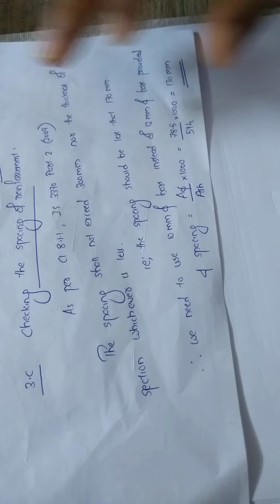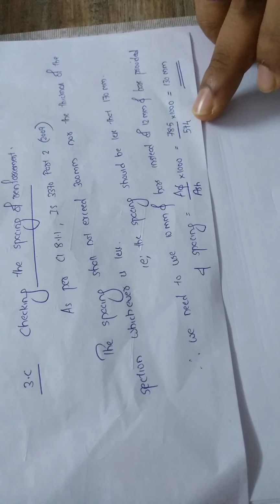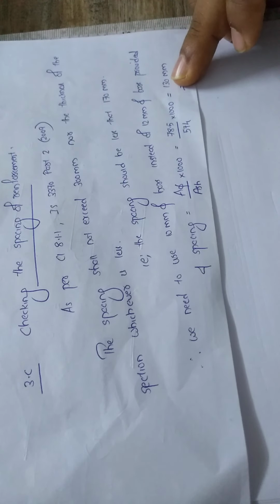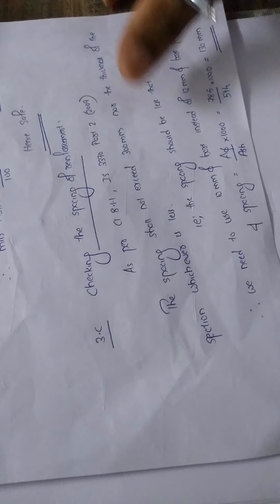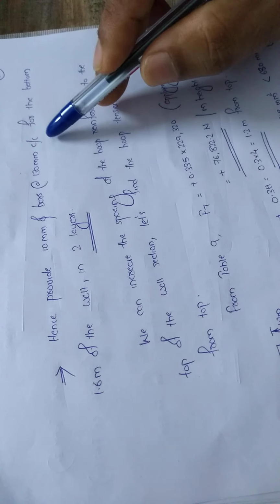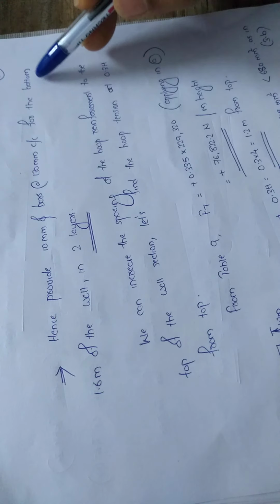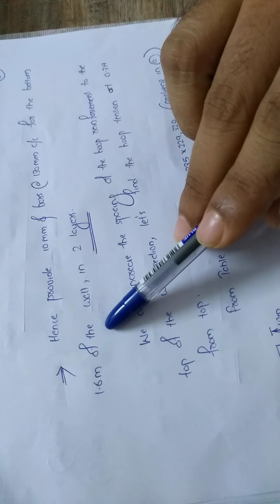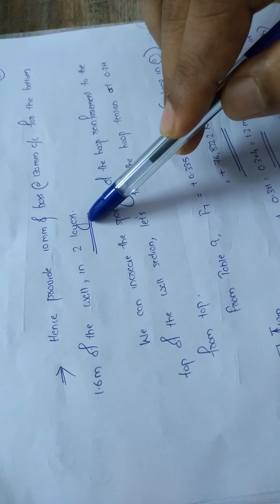So I am using 10 mm dia bars instead of 12 mm dia bars, and what I am getting is 130 mm spacing. Hence I am providing 10 mm dia bars at 130 mm center to center from the bottom 1.6 meter of the wall in 2 layers.